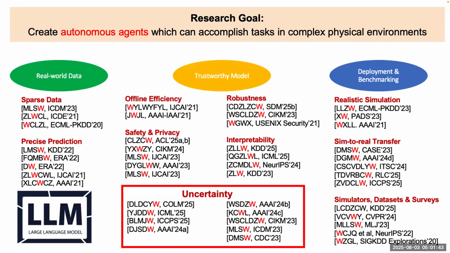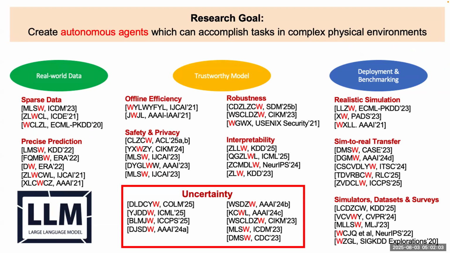In order to do it in the physical environment, we deal with real-world data. So that's the reason why we are here at KDD. And then we also spend a lot more time making the model trustworthy to operate in the physical environment. And we also try to benchmark and deploy it in the physical world.